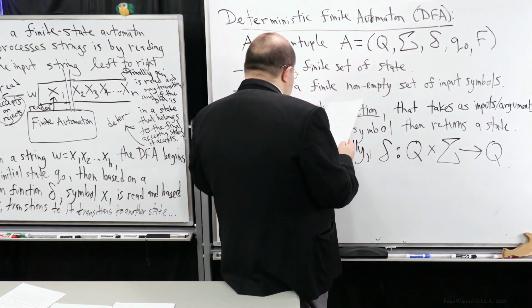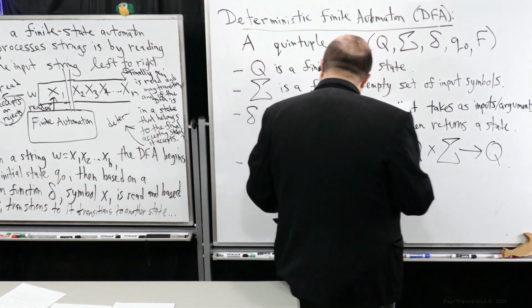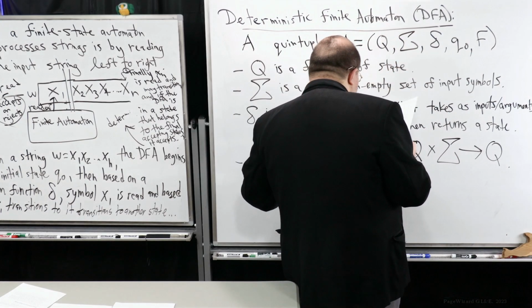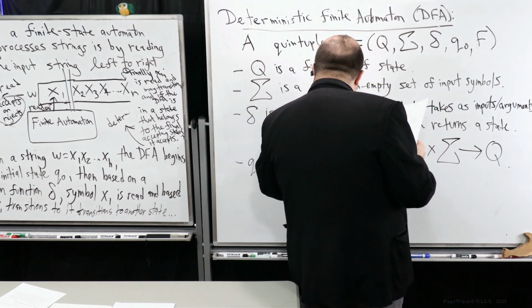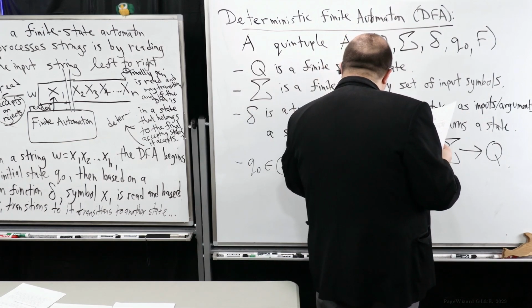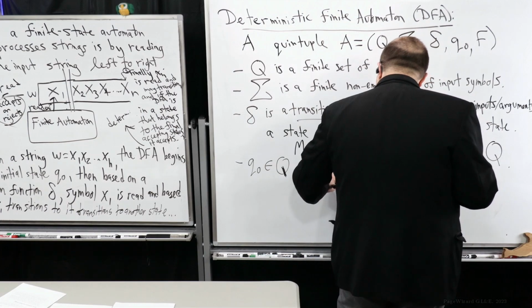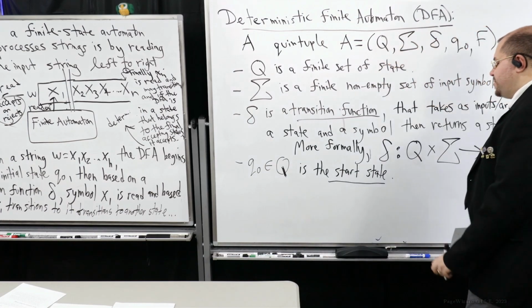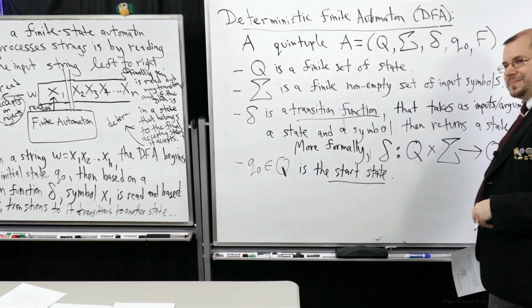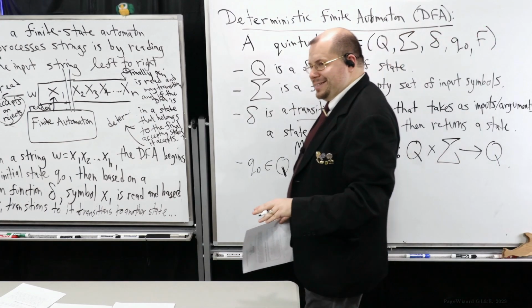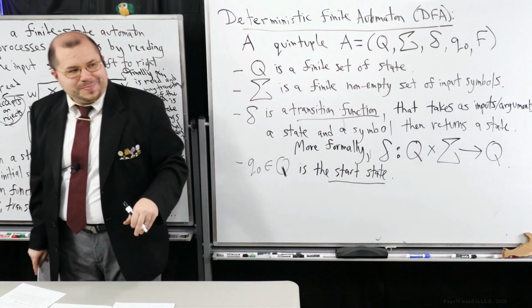Next, Q0 is one of the states, so it's among the states Q. It is the start state. There is one state that is dictated as the start state, the state the machine begins in. So if it doesn't read anything, it just is in the start state.